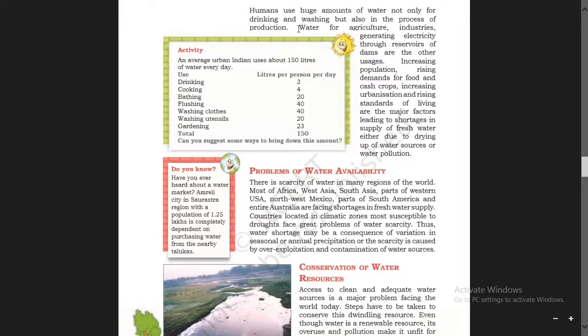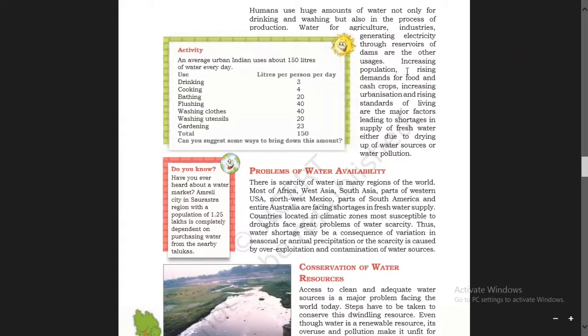To grow crops, for agriculture, industries, and generating electricity through reservoirs of dams are the other uses of water.